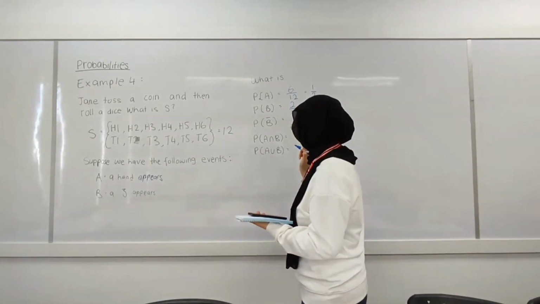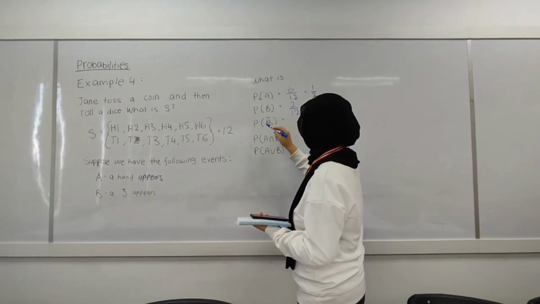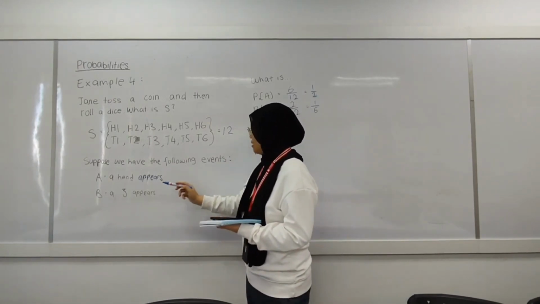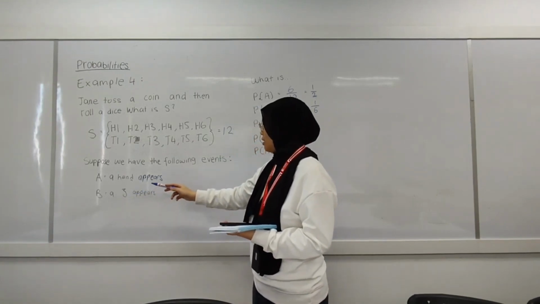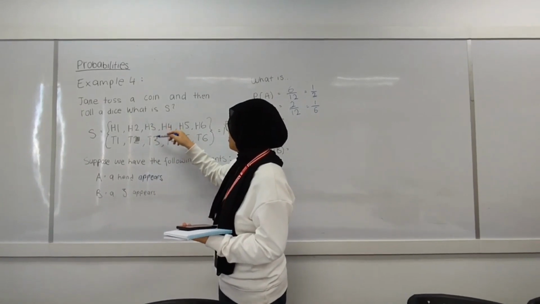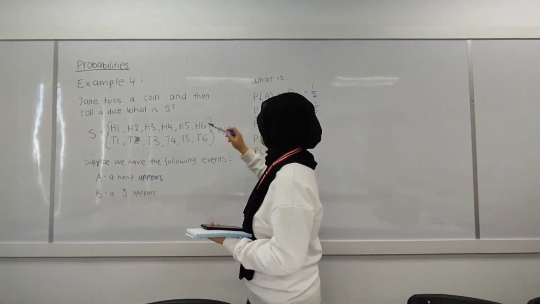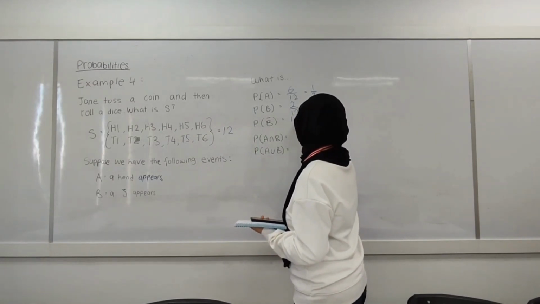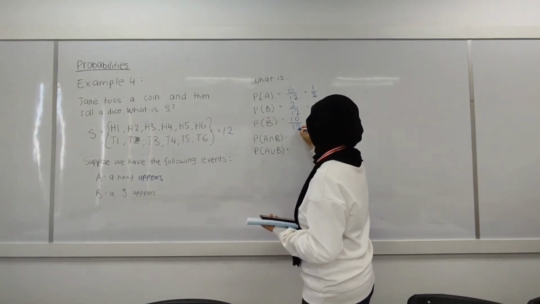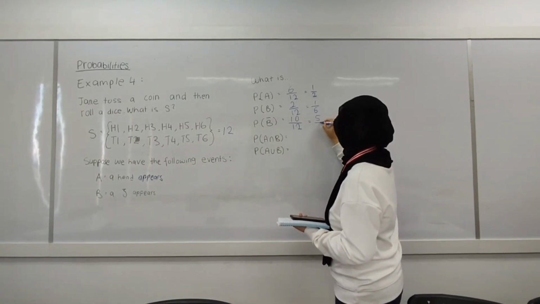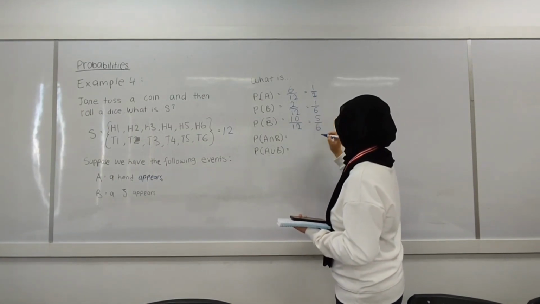Okay, so for the probability of not B, which means not 3 appears, we subtract 2, which we can get 10 over 12, which is 5 over 6.